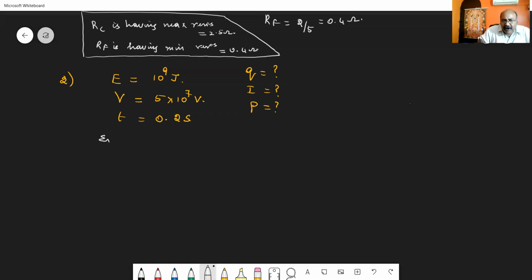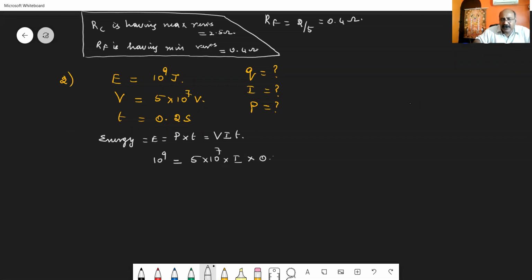See, we know the formula for energy. The energy is given by the general formula, power into time. Or I can write this power as voltage into current into time. So what is the value of energy? Energy is 10 power 9 joules, isn't it? So I'm writing 10 power 9 is equal to, what is the voltage? It is 5 into 10 to the power of 7. I can calculate the current available, I, multiplied with the time.